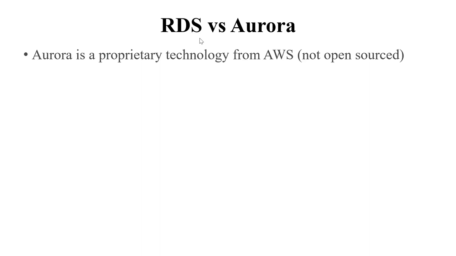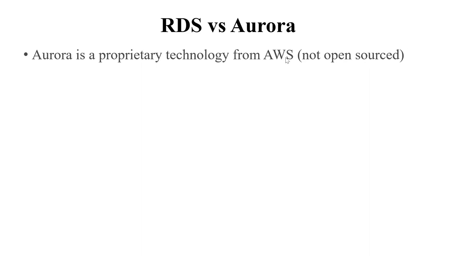And finally, one more type of database engine which we observe while creating a database: the Aurora engine. But what is Aurora, in which context do we use it, and what are the advantages of the Aurora database? Aurora is a proprietary technology from the AWS team, and this is not open source.